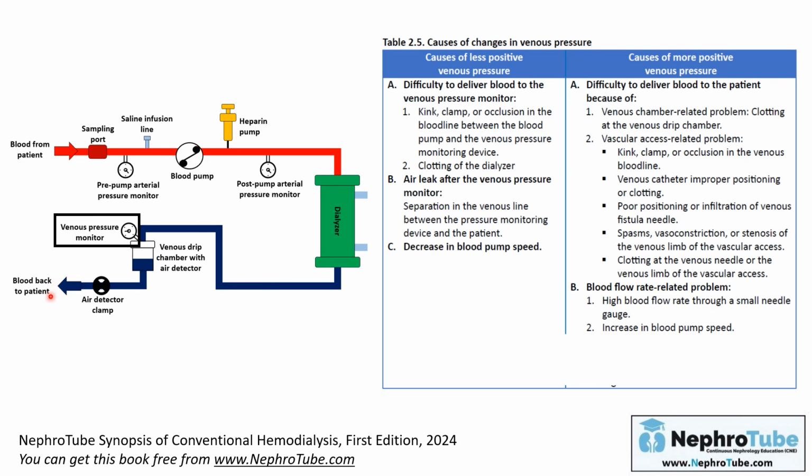And if we are using a high blood flow rate through a small needle, this will cause resistance to the blood flow into the patient's vascular access, causing a high pressure in the venous pressure monitor. And finally, increased blood viscosity, the same, will cause high pressure in the venous pressure monitor and high pressure in the post-pump arterial pressure monitor.